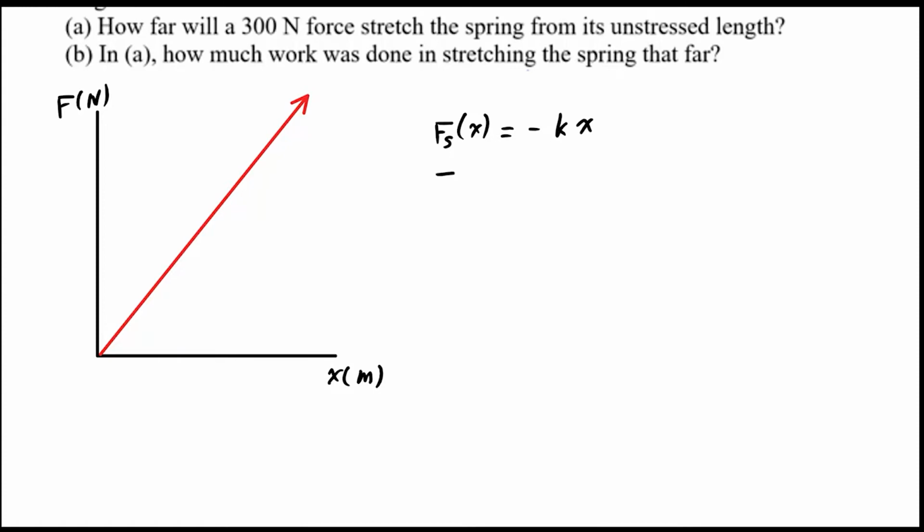But this is F external, this is U. That'll be just kx, isn't it? Because you want to stretch it that way. So these two are opposite and they are balancing each other out. Initially this needs to be slightly greater than that, but after that you can pretty much keep it as the same amount of force so that you stretch it at a constant speed.